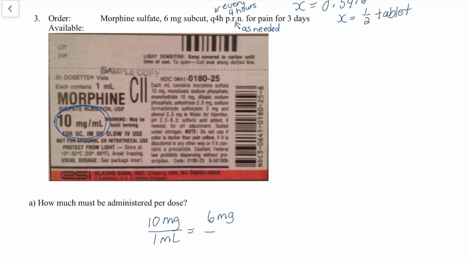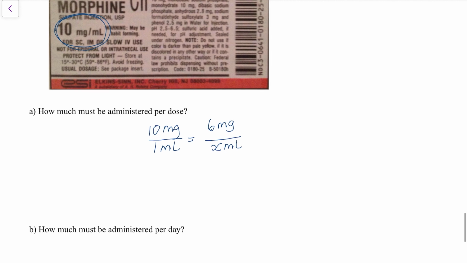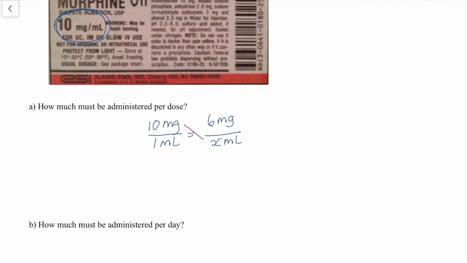And we want to know how many milliliters is that. So again, we're going to cross multiply, and we get 10x equals 6, and we're going to divide by 10, and we get x equals 0.6 milliliters.